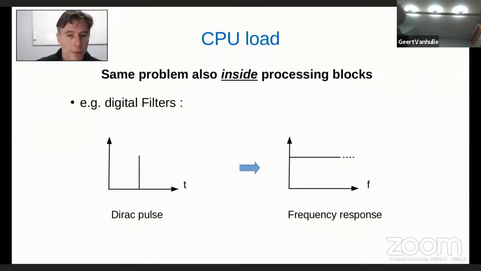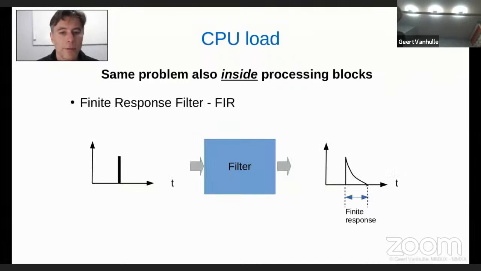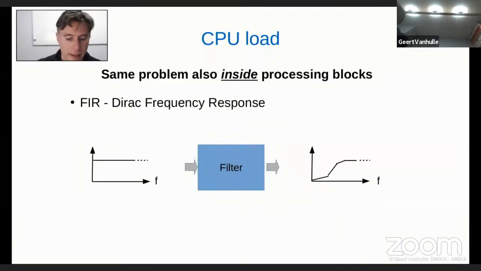Now, if we put this into a black box filter, we get this Dirac pulse at the input, and we will get some kind of a pulse at the output. If this pulse is finite, we will call this filter a finite impulse response filter. So these finite impulse response filters, this digital version, is actually what we've been using so far when we were using the low-pass filters, for example. The low-pass filter was digitally a finite impulse response filter.